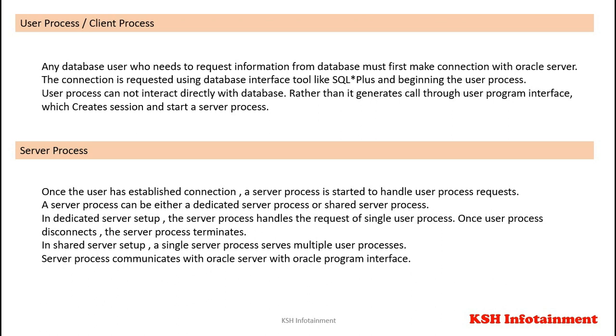In a dedicated server setup, the server process handles the requests of a single user process. Once the user process disconnects, the server process terminates. In a shared server setup, a single server process serves multiple user processes. The server process communicates with the Oracle server with the Oracle program interface.